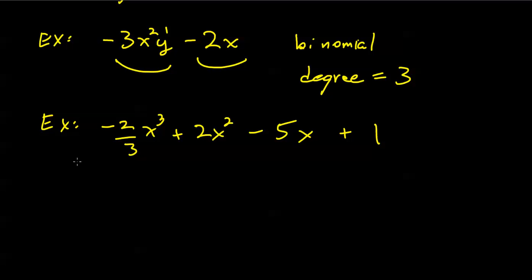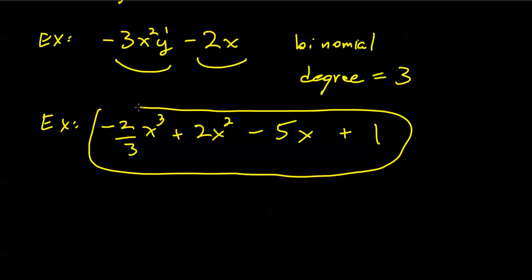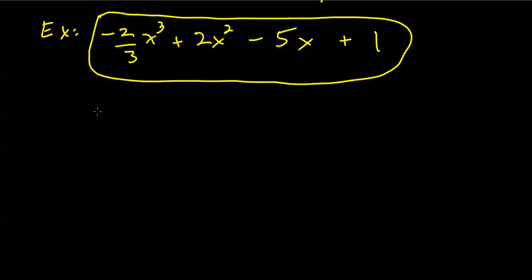This is a 4-term polynomial because it's a sum of 4 monomials. I won't call it a quadomial, or when even more terms, quintomial or septomial. If it's more than 3, we'll just cite the number of terms.